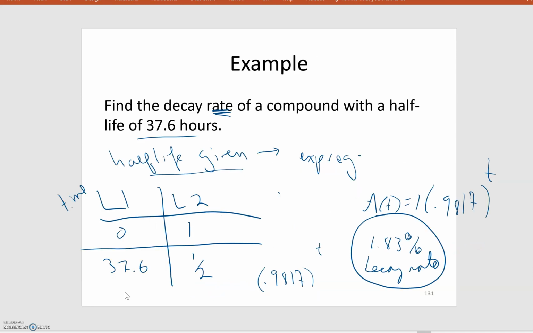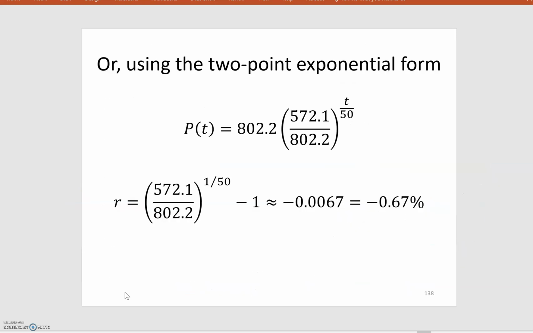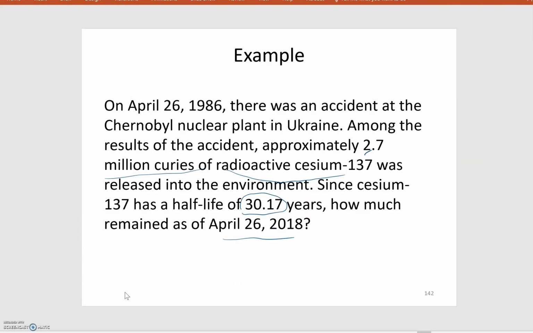We did a problem earlier where we actually were given the half-life and then found the rate. And how did we do it? We used exponential regression. So that's what we would do here as well. I'm just reminding you of your technique. I'm going to use exponential regression where my time is going to be time 0 and time 30.17.